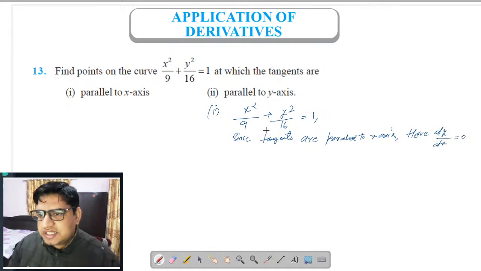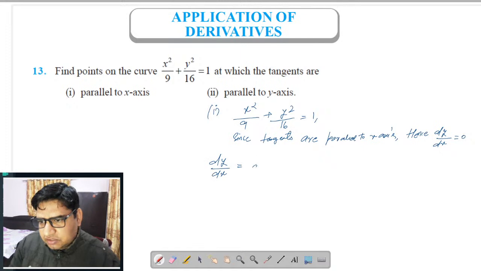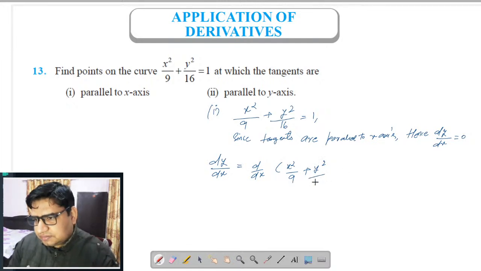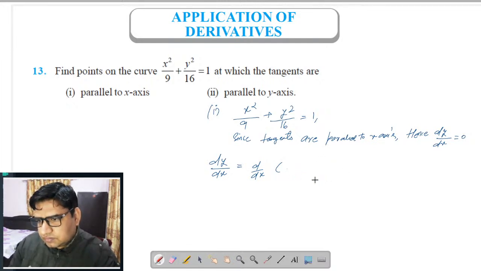We'll simply equate it to 0. We'll find out the dy by dx first. So dy by dx of this whole equation, x square by 9 plus y square by 16. Here we have x square plus y square, so we can differentiate it implicitly.